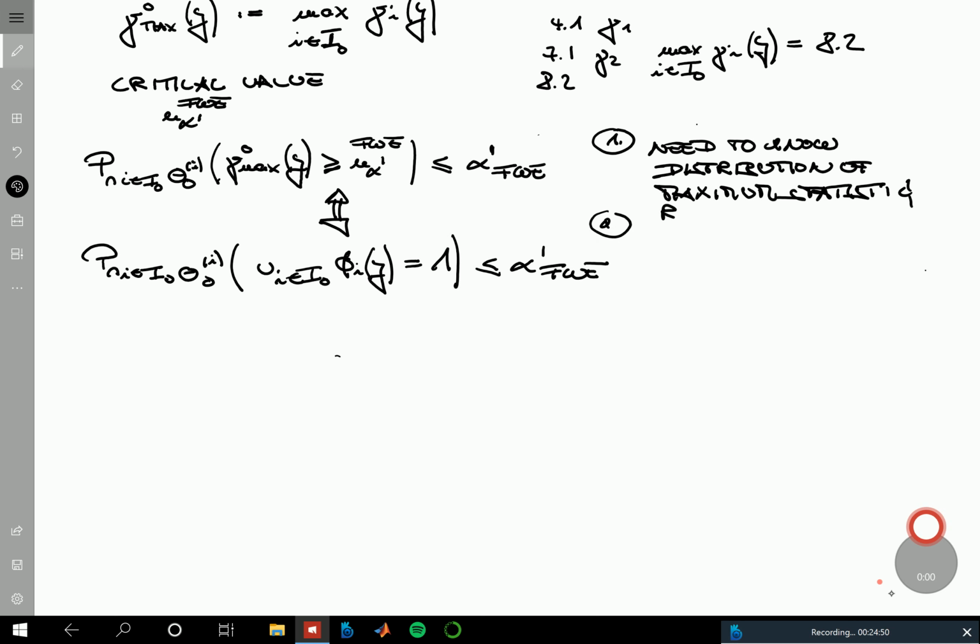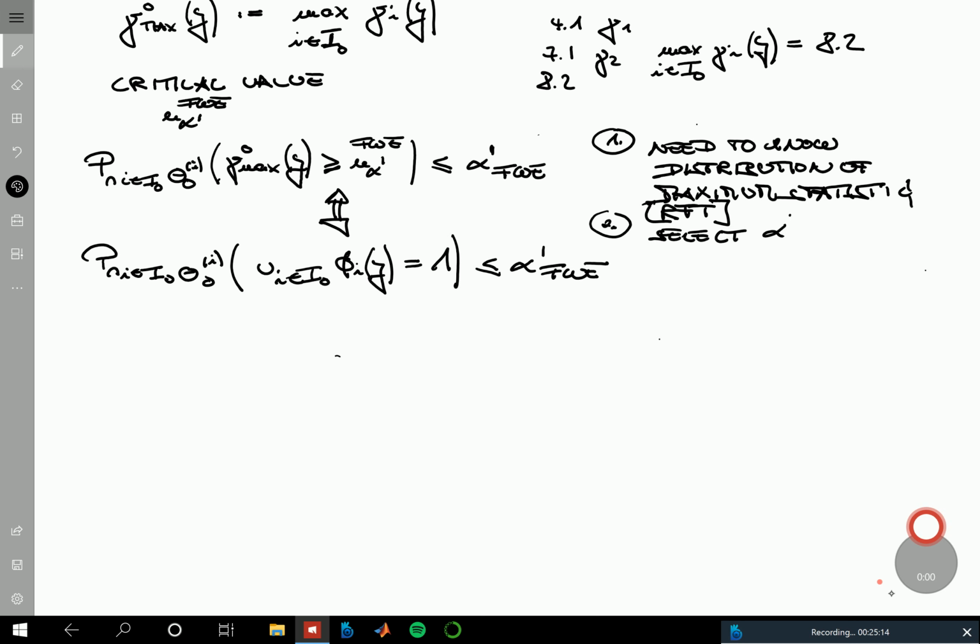This will be the big thing in random field theory. For now, we just assume we know it. So we assume that we have already figured out all the random field theory stuff, and we know what the distribution of the maximum t-statistic is.